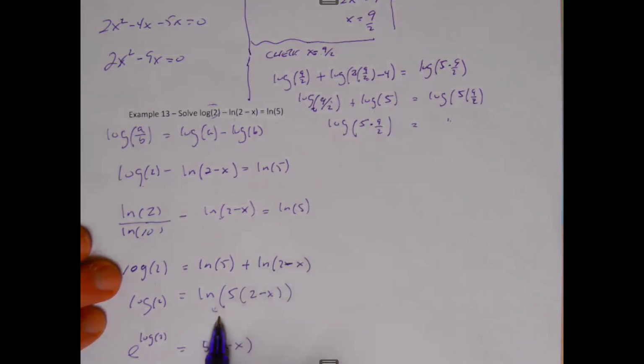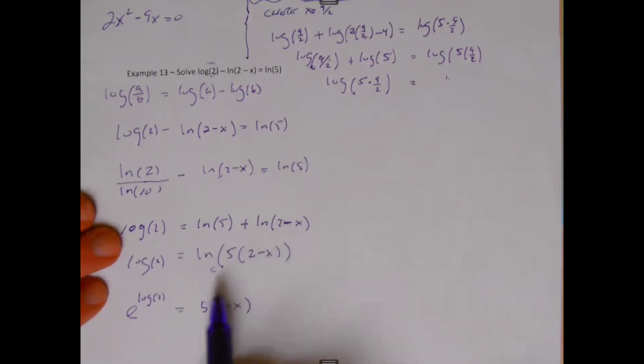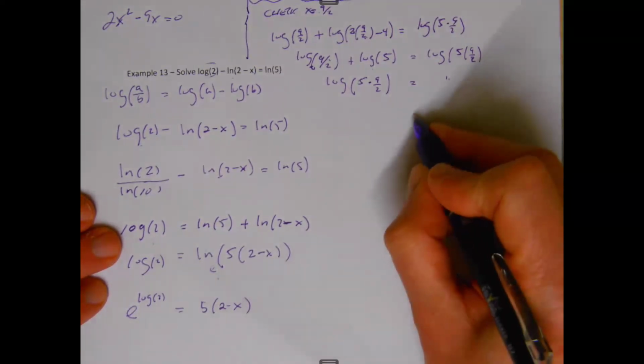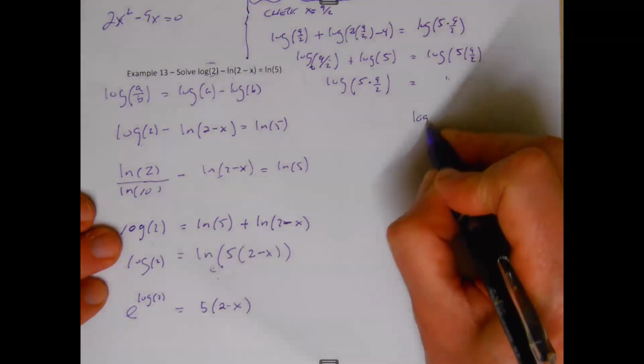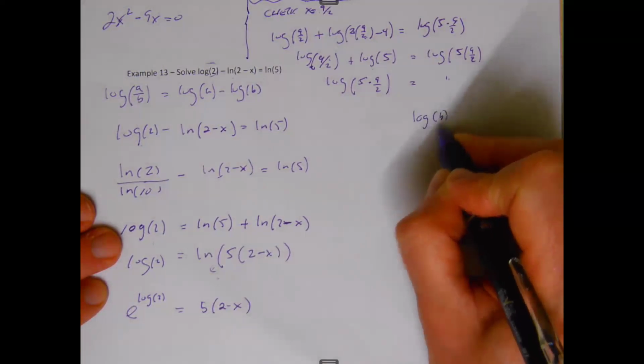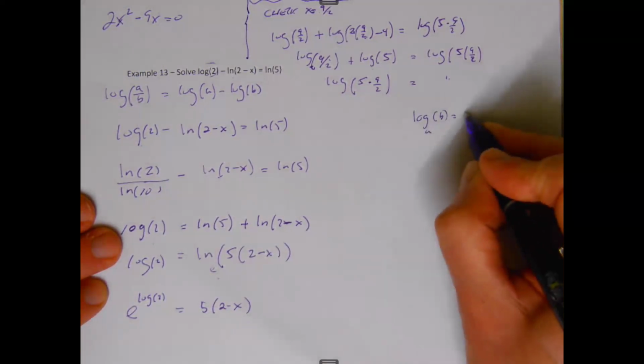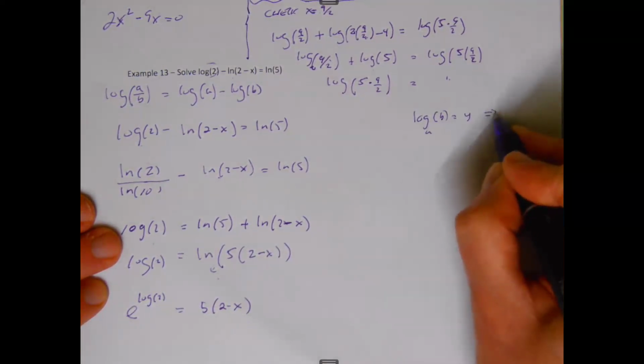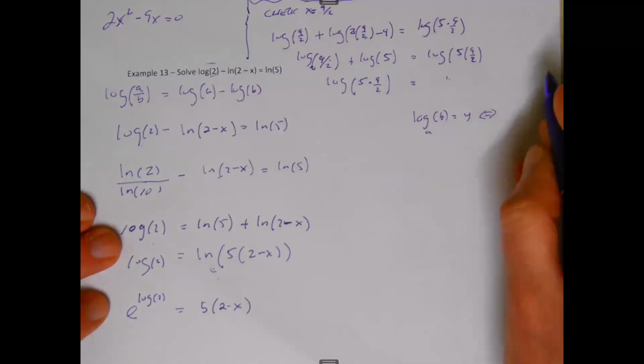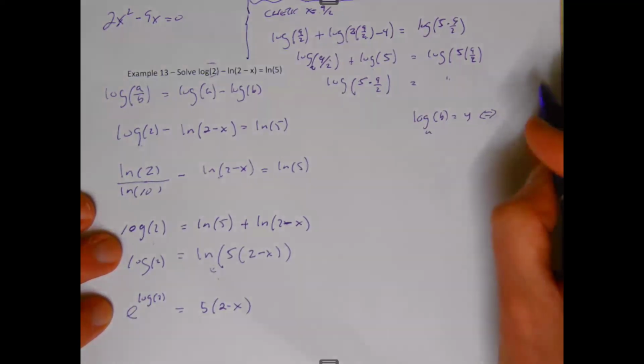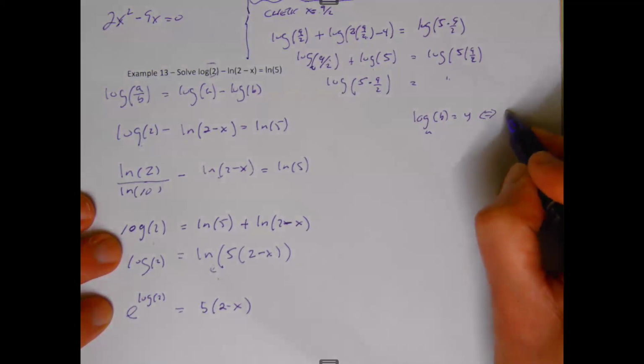Okay, so again, I recognize this is log base e, raise it to this power. So again, I'm just going to use changing from exponent to log, or in this case, log to exponent.